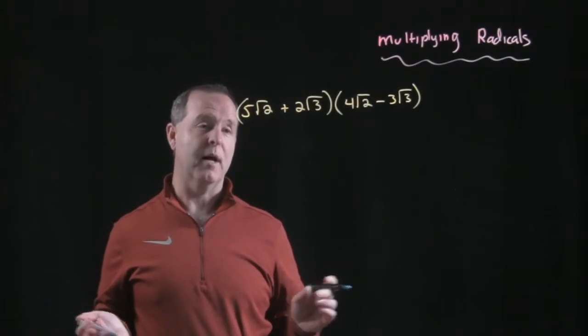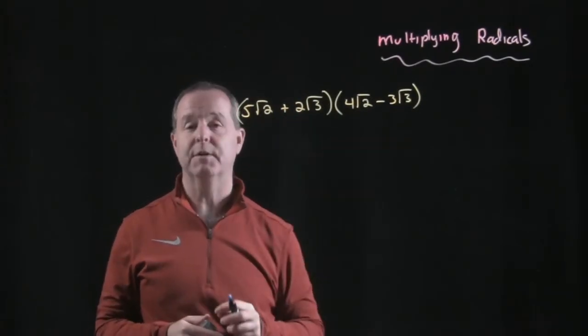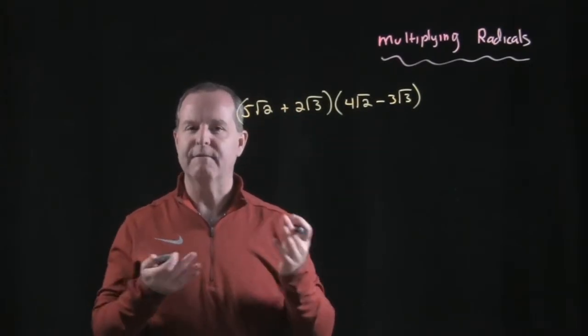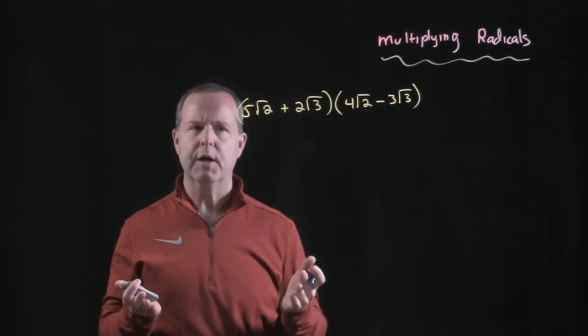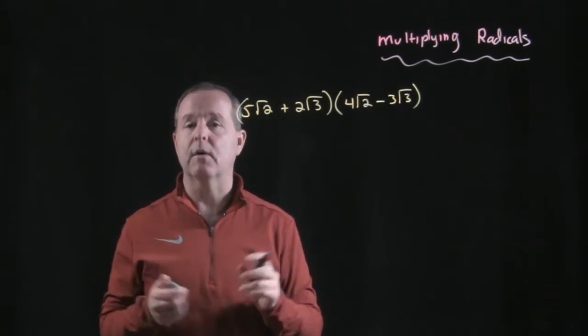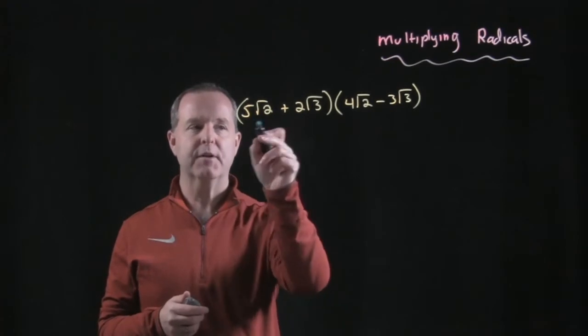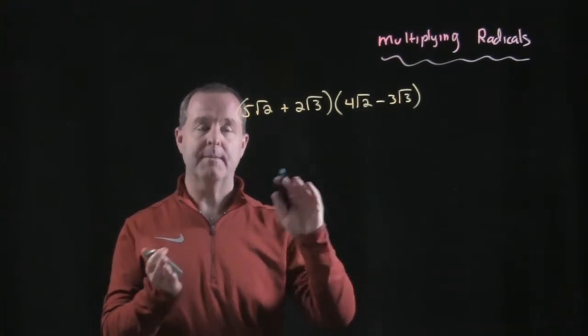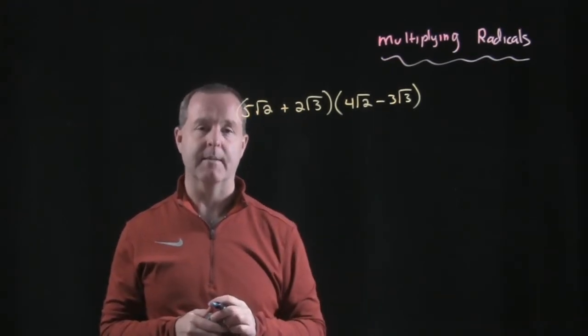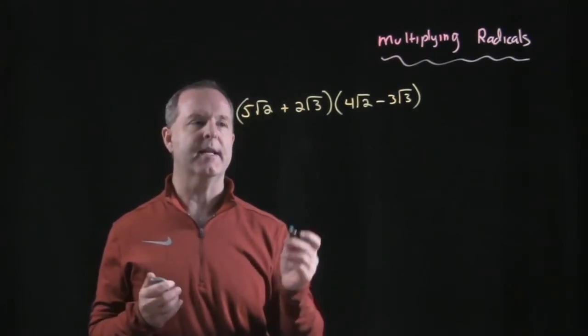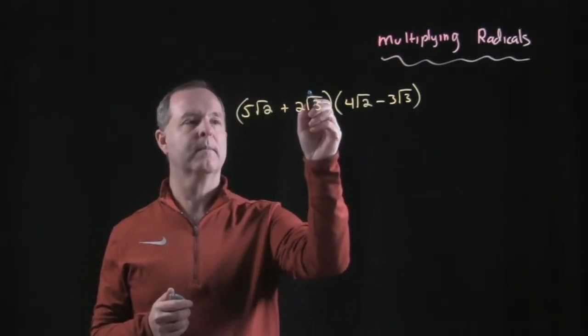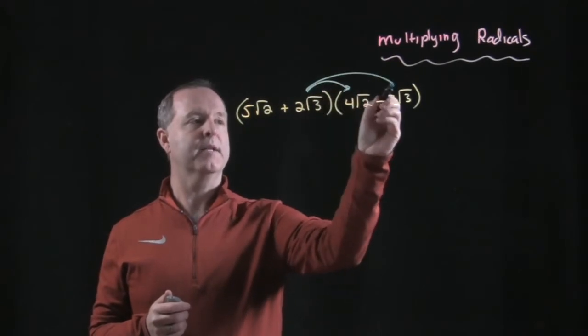Here we're going to multiply two terms times two terms. And I hope that evokes some memories of how we learned to do that earlier with a concept called FOIL, where we multiplied first terms times first, outers times outers, inners times inners, and last times last. Basically what that is saying is that we want to make sure every term gets distributed.